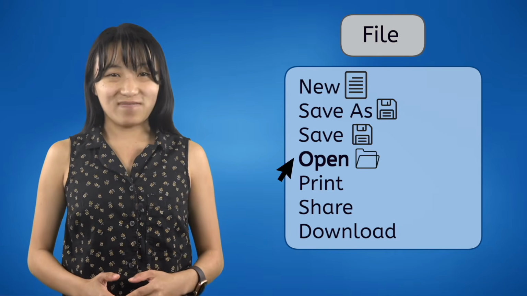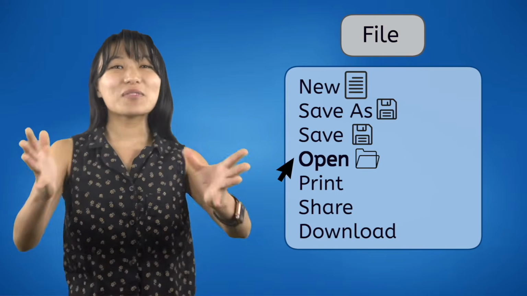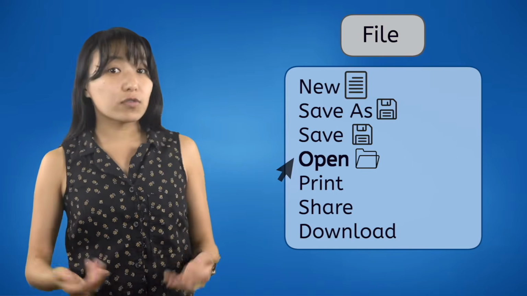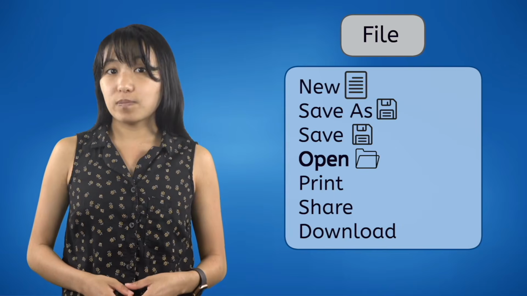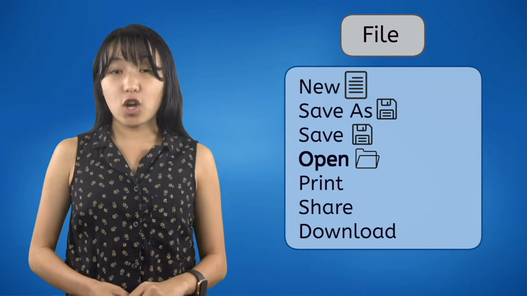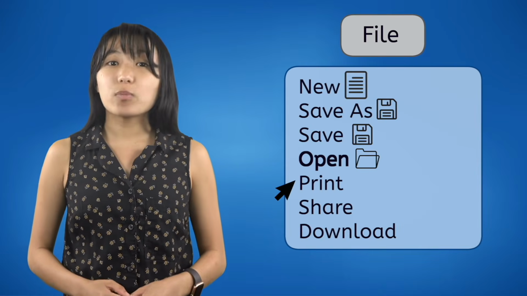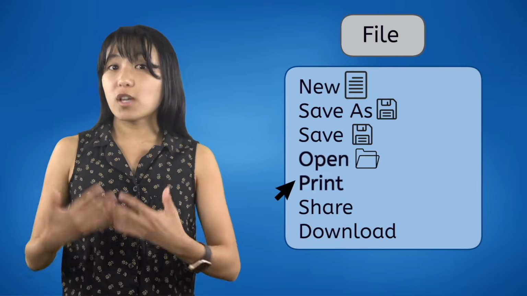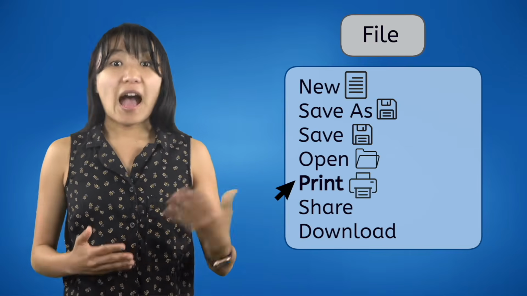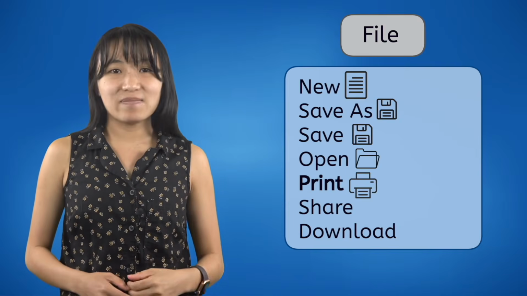When you've completed your work and are ready to share it with others, you've got a few different options for how to do so. If you'd like to give a paper copy to somebody, you can choose the Print option. This will bring up a window where you can choose which printer to print from, how many copies to print, and a bunch of other settings.